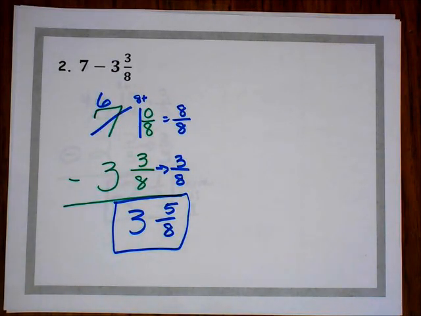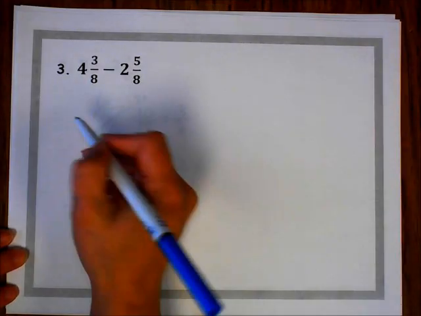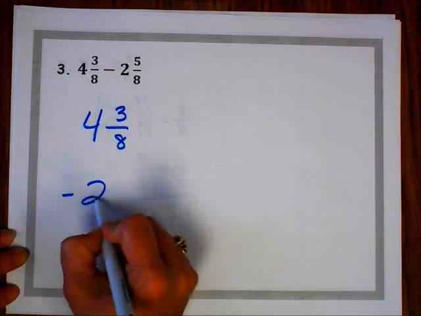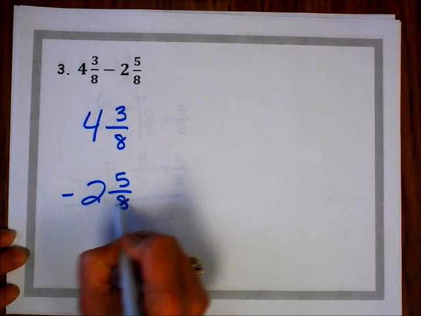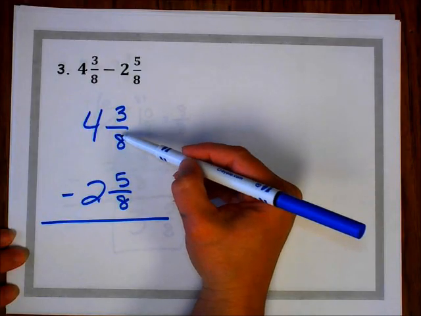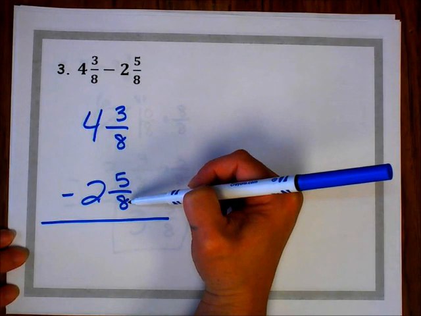Let's try another. Number 3, 4 3/8 minus 2 5/8. Notice that my denominators are already the same, so I don't have to find a common denominator.